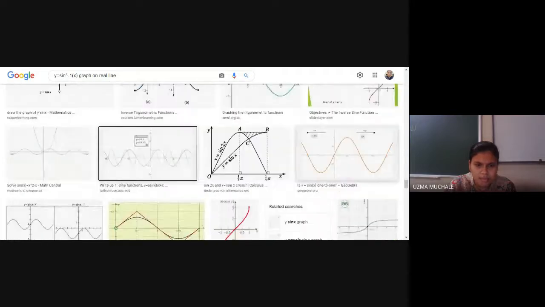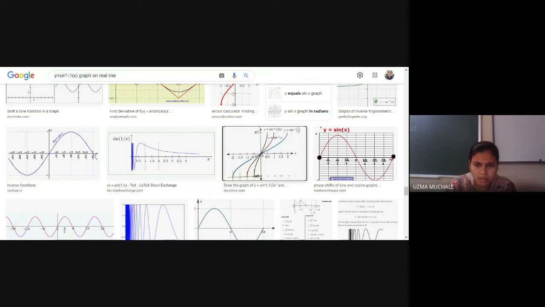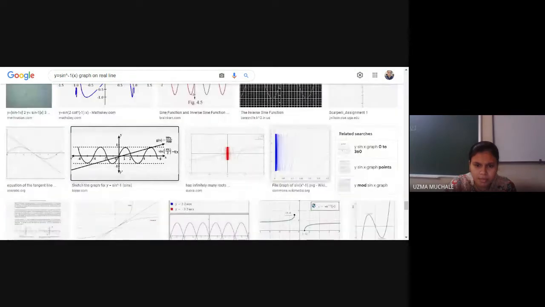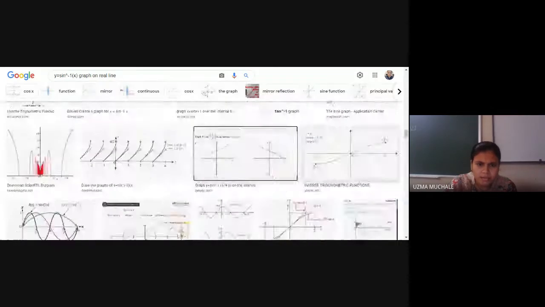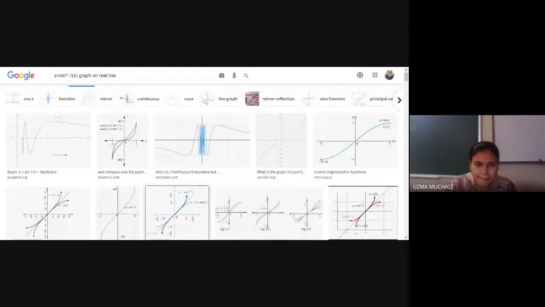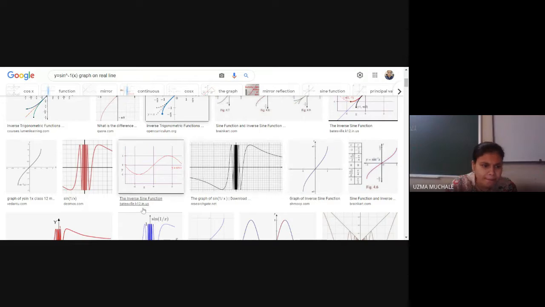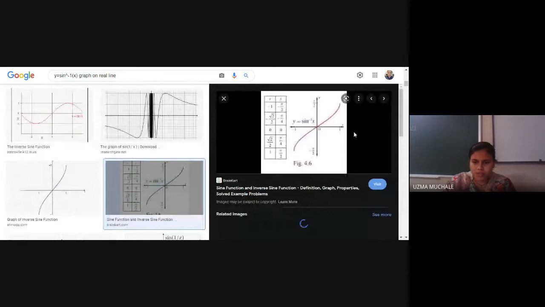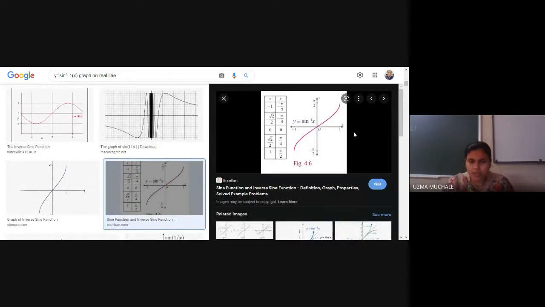Actually, it is not available here. Let me draw the image. साइन इनवर्स का कैसे होगा? अभी जो आपने देखा वो इमेज. ओके. सो इसी तरह वो चेंज हो जाएगा, राइट?